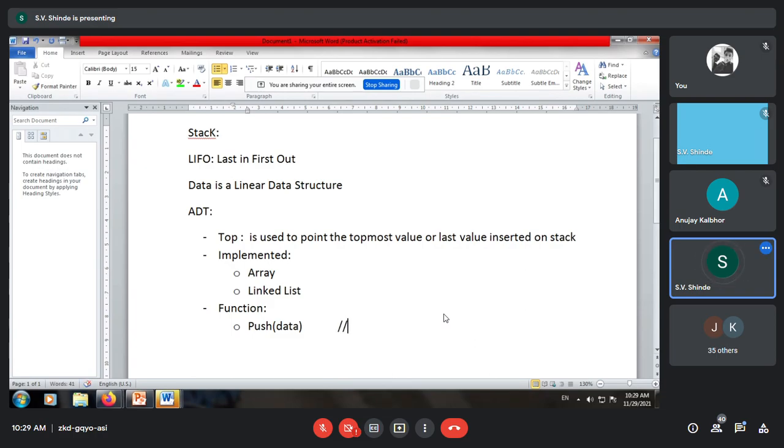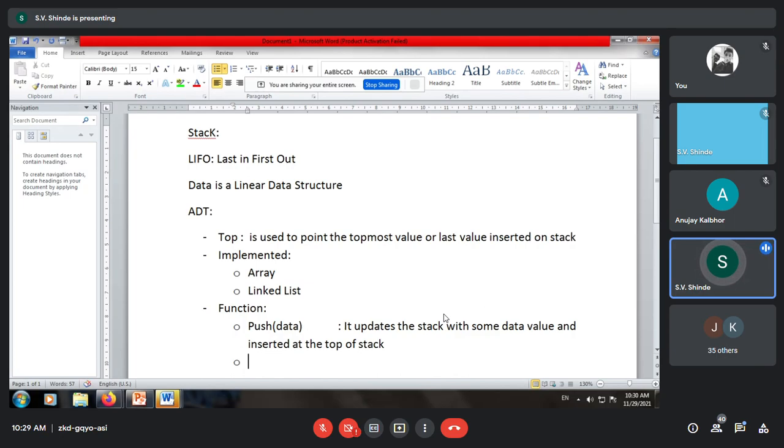What this push does is it updates the stack with some data value at the top of the stack. So you should remember what it does. So this push is one of the functions.